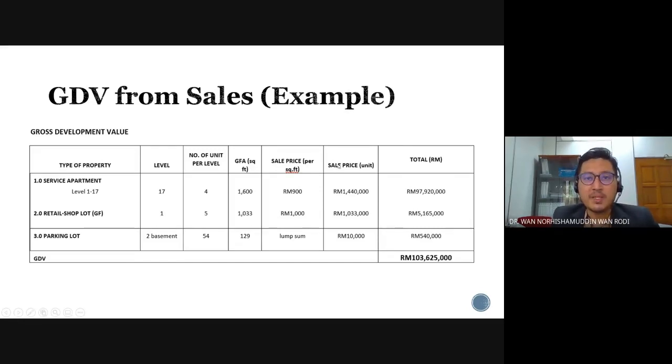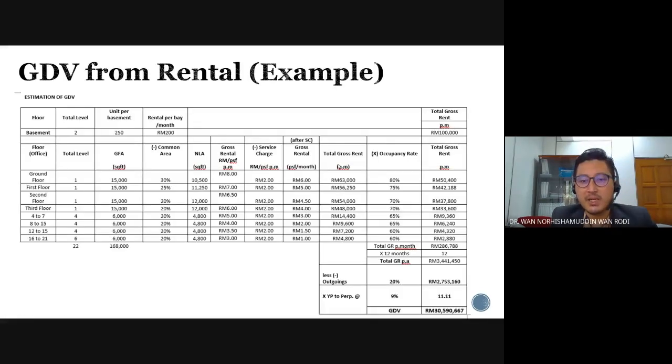Okay, the second one is an example in which we can derive GDV from leasing of commercial property, for example an office building. As you can see here, the calculation is quite complex compared with the GDV from sales, because to derive the net rentals of the property, you should minus and multiply different items.